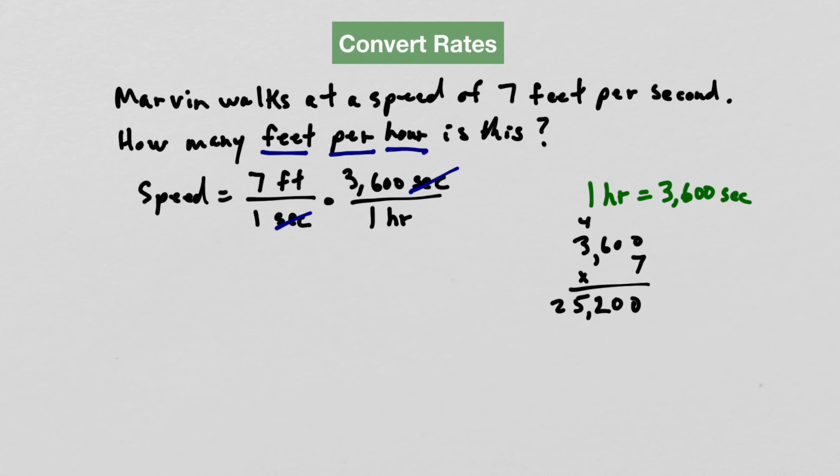Okay? So then this becomes 25,200, and the only unit measure left in the numerator is feet. Okay? And the denominator, 1 times 1 is 1. And the only unit measure left is hour.